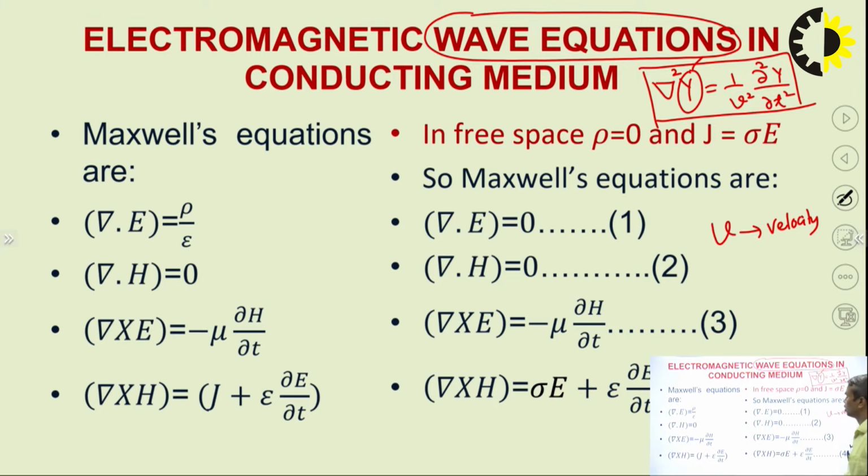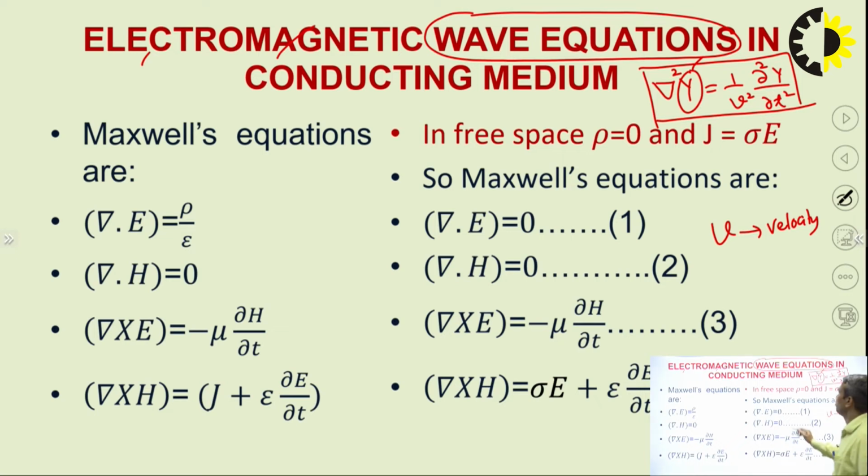This partial differential equation is the general wave equation, but here we will derive the electromagnetic one: one wave equation for the electric field and one for the magnetic field. So we derive two wave equations for a conducting medium.